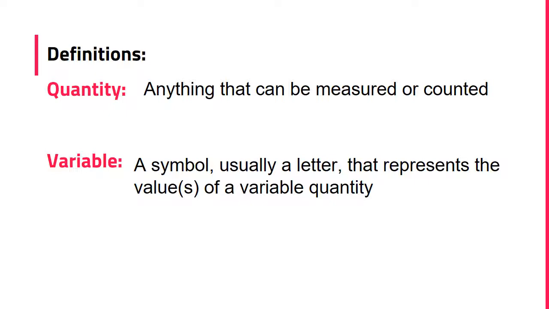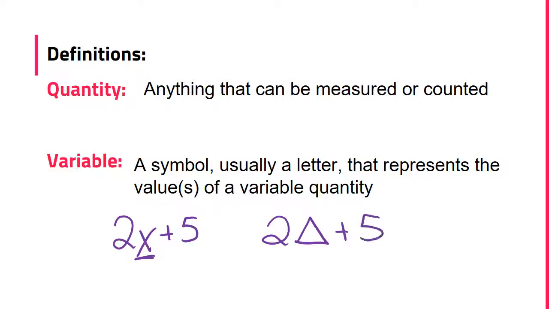To elaborate on that variable definition a little bit, it says a symbol, usually a letter. What we mean by that is you don't have to write this down, but often you'll see expressions like 2x plus 5. So it's usually a letter. But sometimes in higher math we use symbols, I could just make up and say triangle plus 5.